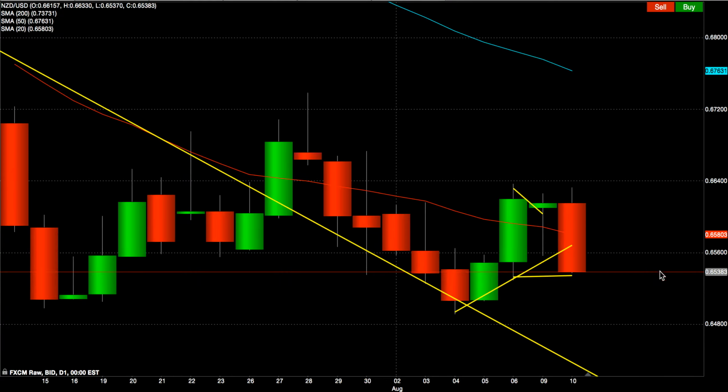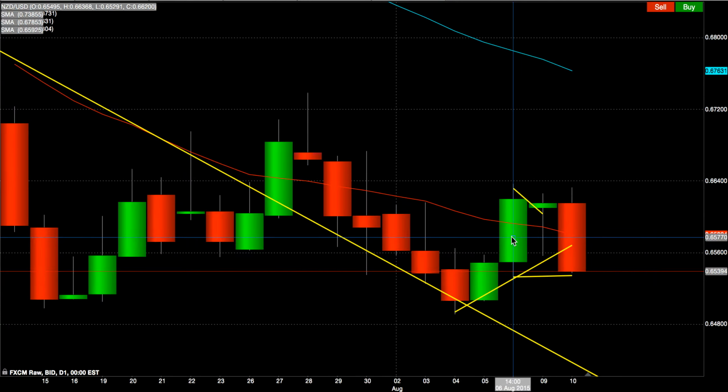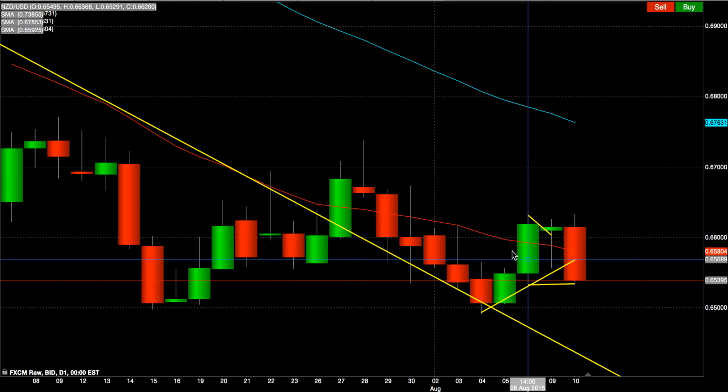I hope that made sense. You can see the low here on, let's find out. This candle here is August 6th, and the low was 65291. As long as that low holds on the daily, this is still bullish.